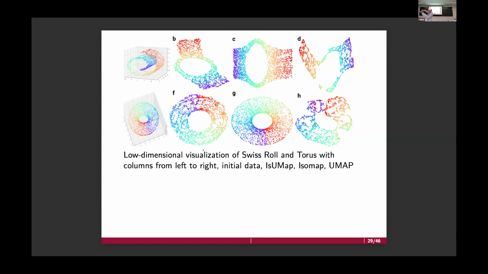You have this curved thing, but there's a hole in there, and here you have a torus. And so you have the different representations again. So the original ISOMAP gives kind of the smoothest representation here. UMAP tries to find clusters and distorts it a little, and our scheme is kind of in the middle here.